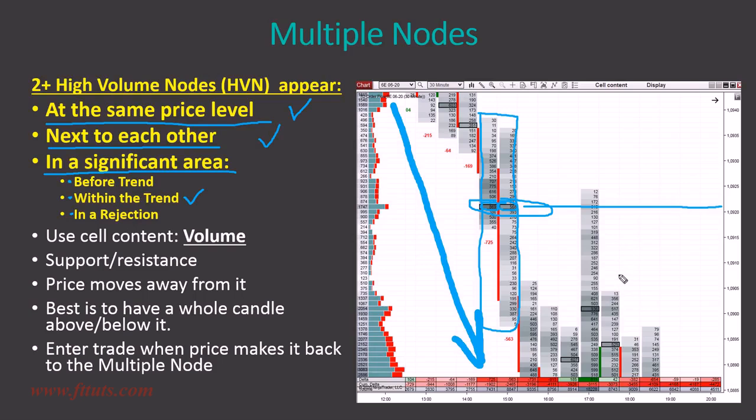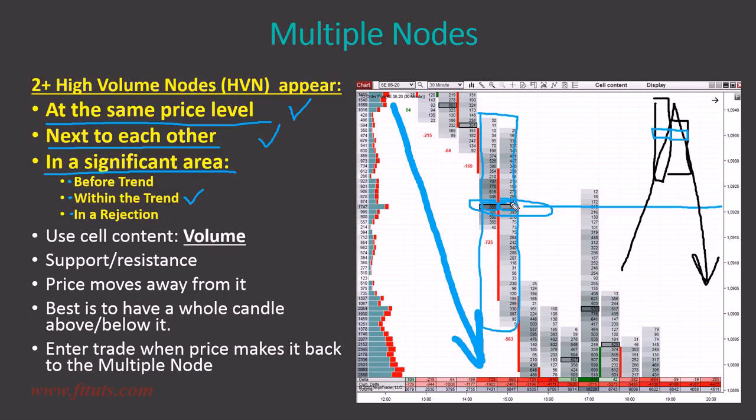If there was, for example, a rejection of higher prices like this, where the price made a sharp rejection and there were two footprints at the top, then you would be looking for a double node or a multiple node somewhere within the rejection area. All right, so that's the significant area.